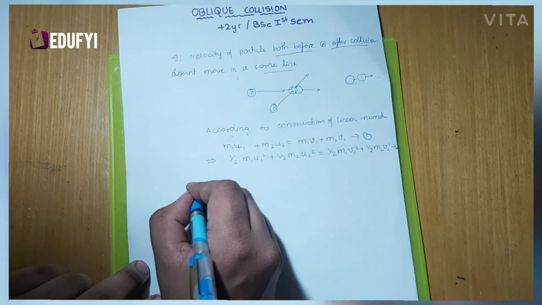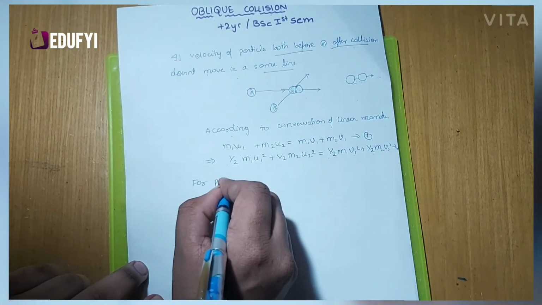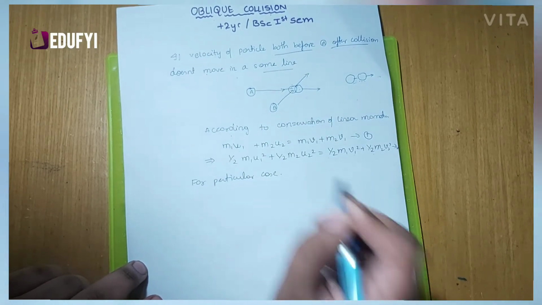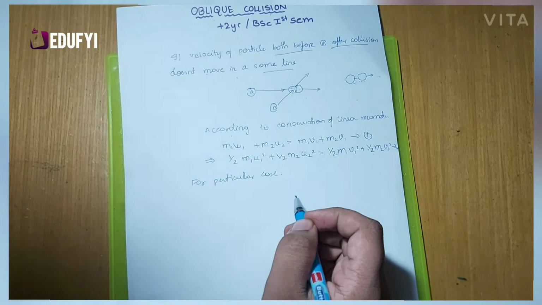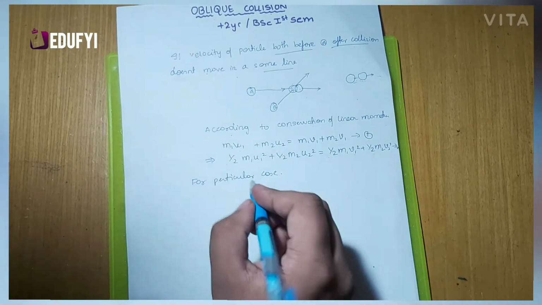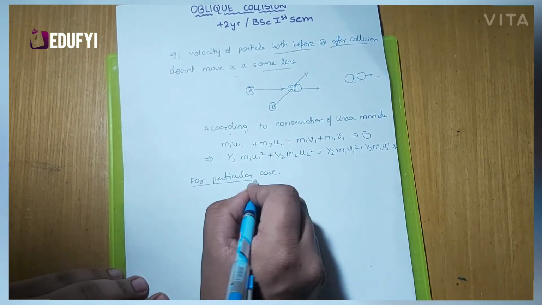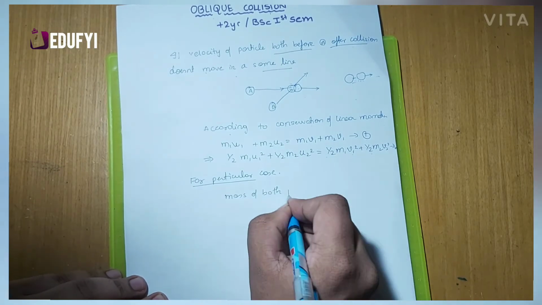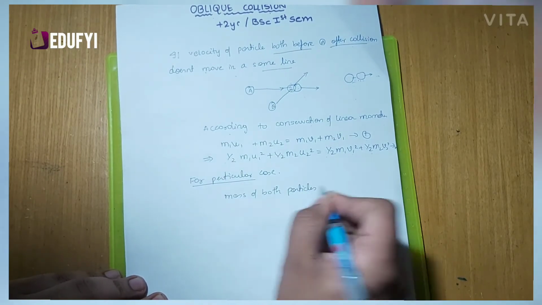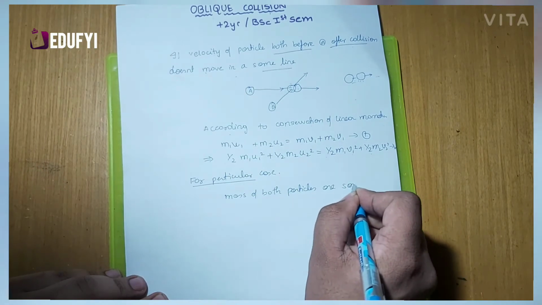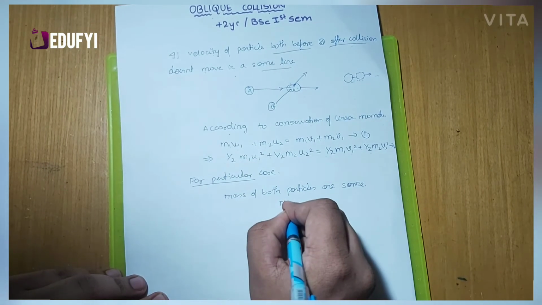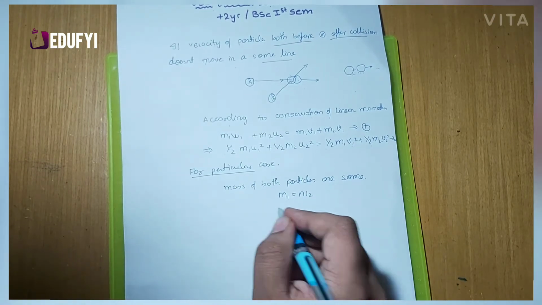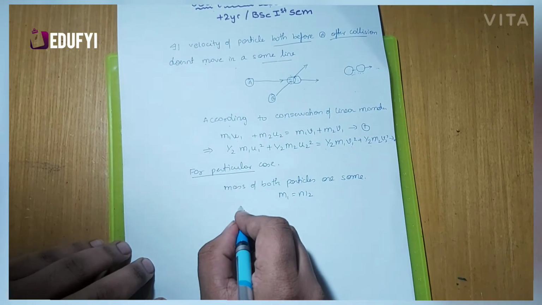Now we are considering a particular case. What is the case? In the question they have given that the masses of both the particles are the same, that is m1 is equal to m2, and one of the particles is said to be at rest.